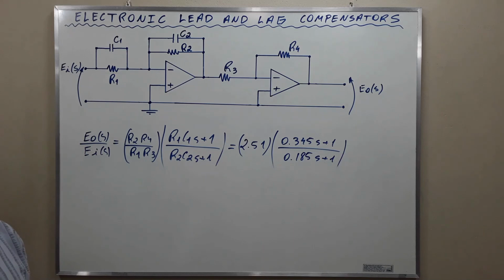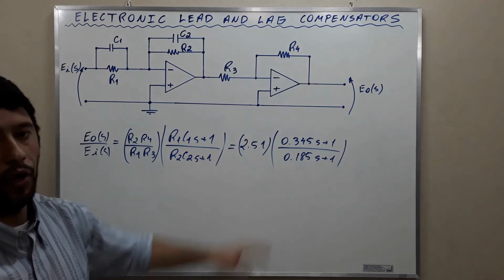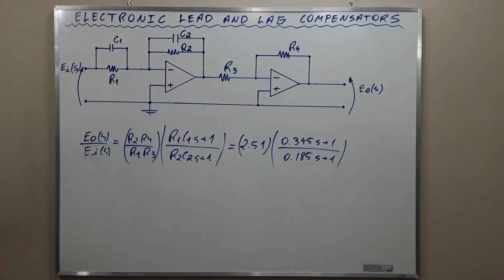In this way, we will force the root-locus plot of the compensated system to pass at the desired closed-loop poles.